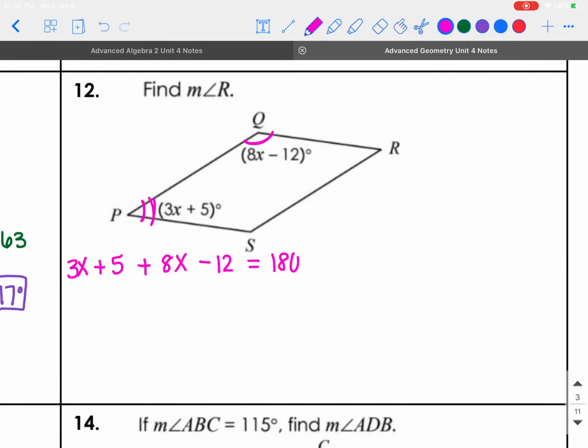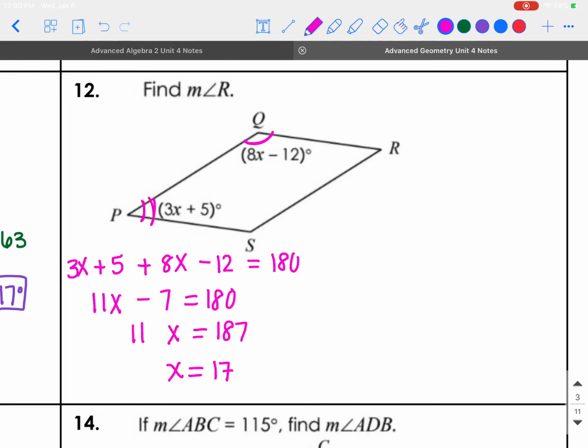Then I can combine my like terms. 11x minus 7 equals 180. Add 7 to both sides. 11x equals 187. And if I divide by 11, I get x equals 17.